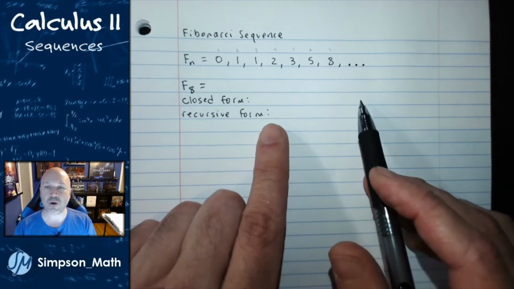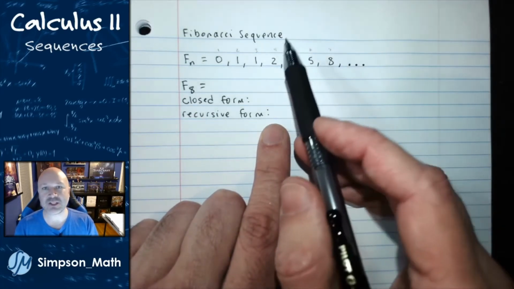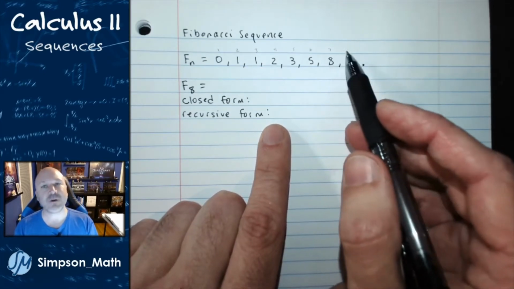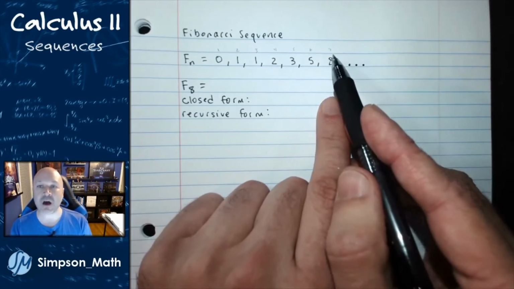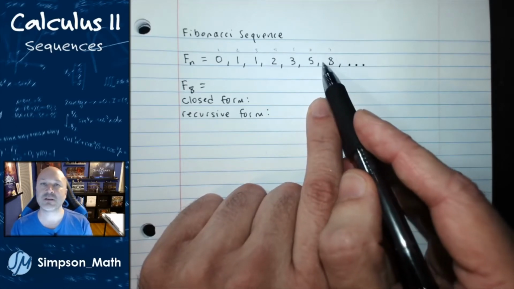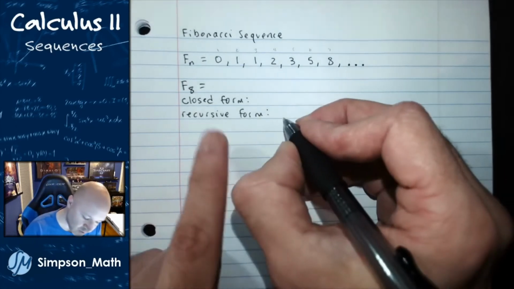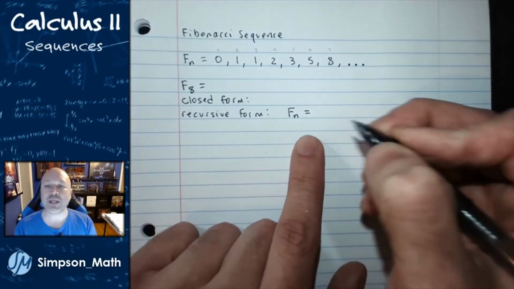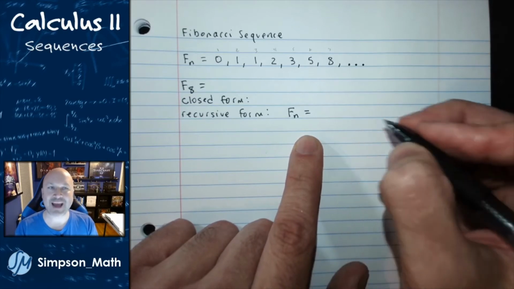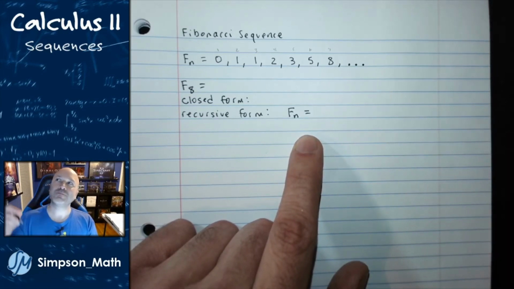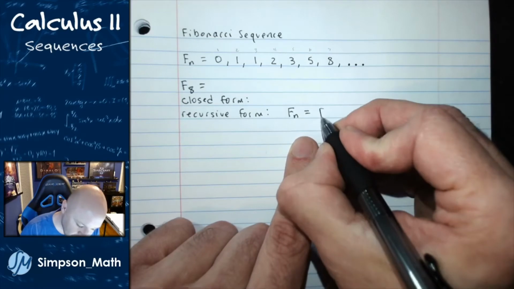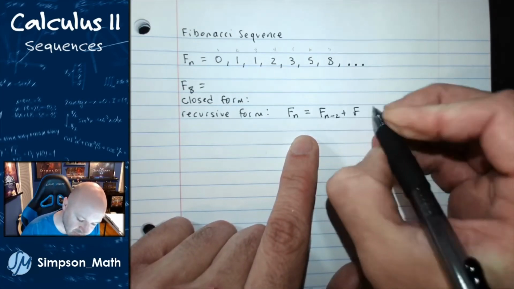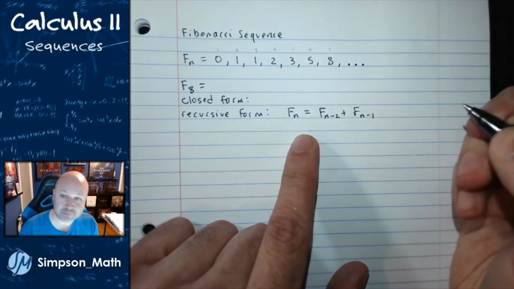So the recursive form is how the Fibonacci sequence is explained. The next term in the sequence is the sum of the two previous terms. So if I want a recursive form for F sub n, I take the previous term and add it to the term before that. So I'm going to call that F sub n minus 2 plus F sub n minus 1.